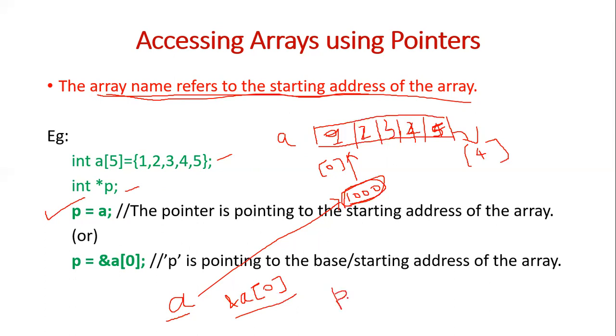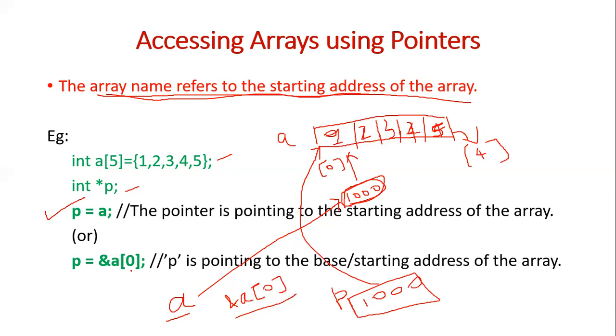As I already told, a refers to the starting address. What is the starting address? 1000. So p will hold the address 1000, which means that p is pointing here. Or you can also write p is equal to ampersand a of 0, which means address of a of 0. So these are the two ways.